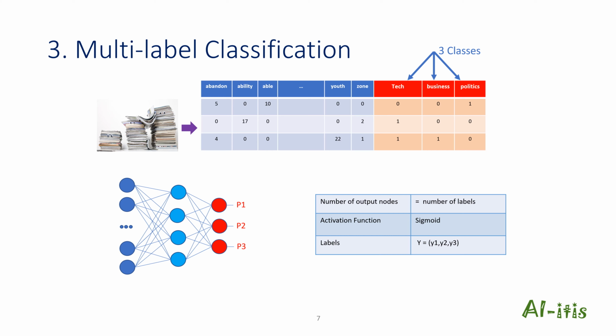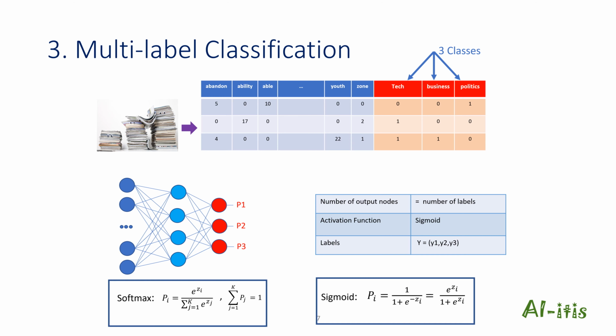So we want our neural network to be able to generate more than one output for some instances that should be assigned to more than one class. The reason that we cannot use the softmax function for the multi-label classification task is that if we use softmax, then the outputs of the neurons in the last layer will all be interrelated because they will form a probability distribution.